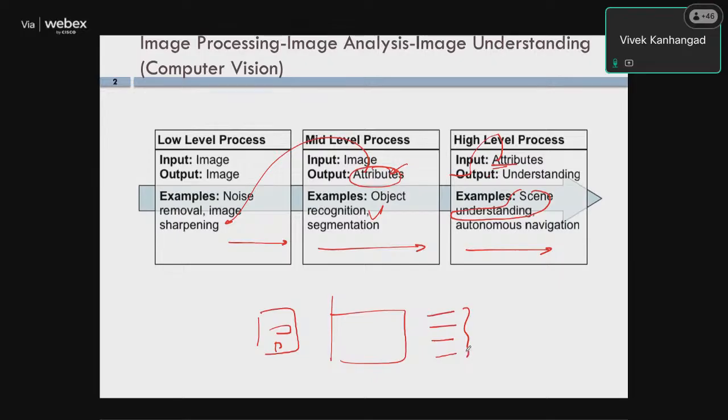Now if the system is able to provide information, to understand the scene, given that the scene has these recognized objects, to make sense of what that means, what sort of scene it is.